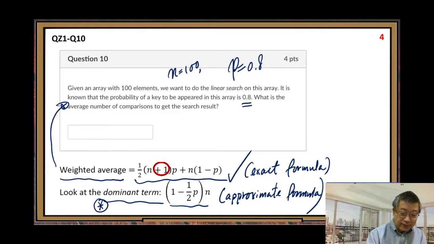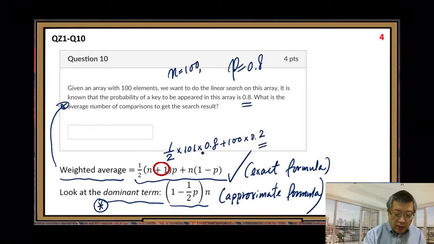Plug in numbers. You need to do a little work. 1/2 times 101, times 0.8, plus 100 times 0.2. That equals 40.4, plus 20.